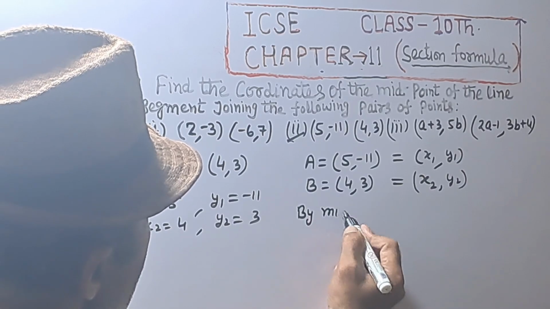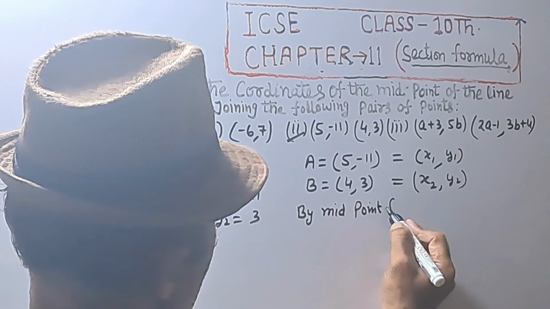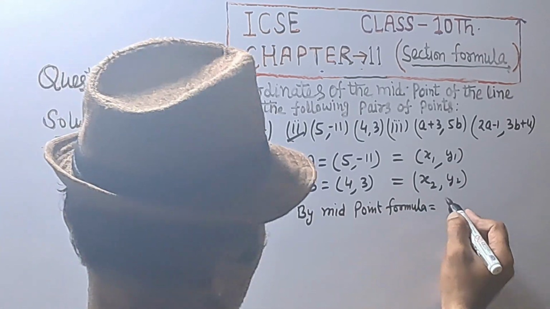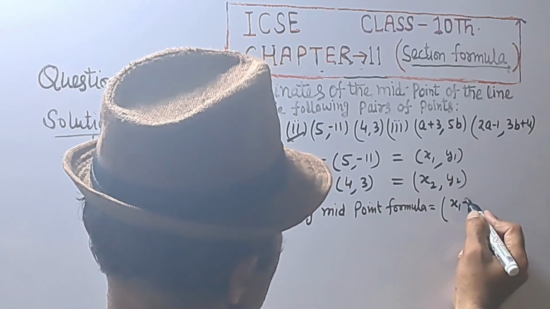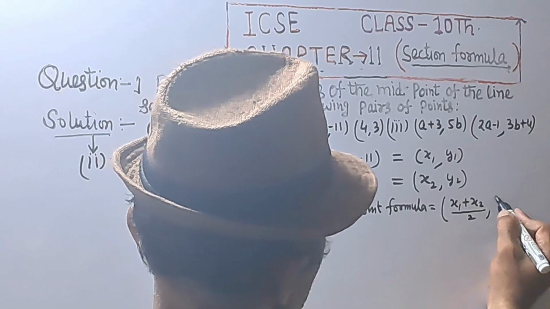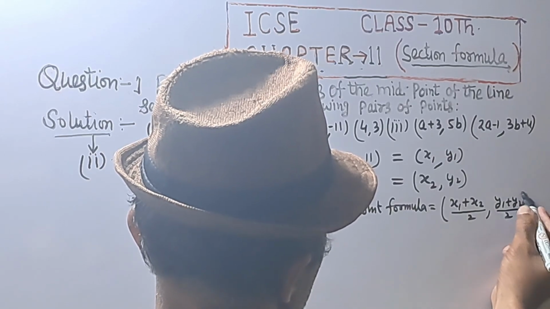By midpoint formula, x1 plus x2 upon 2, y1 plus y2 upon 2.